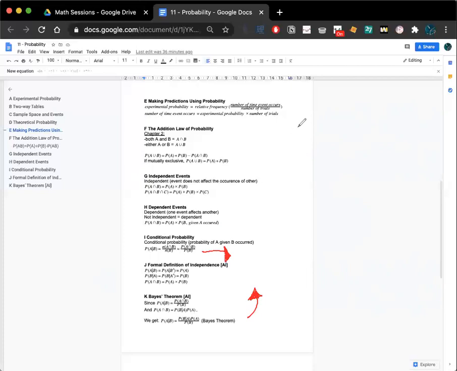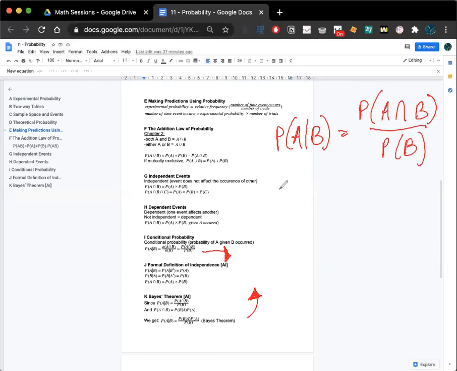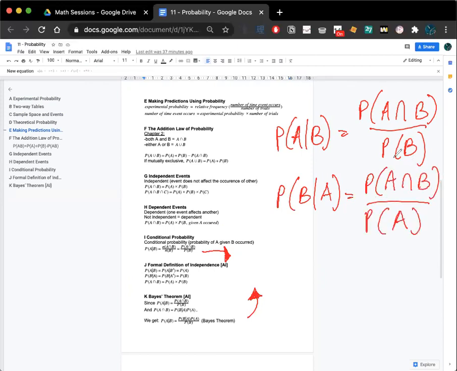And basically, what happens is that if the chances of A given B equals P(A intersection B) over P(B), then the chances of B given A equals P(A intersection B) over P(A).